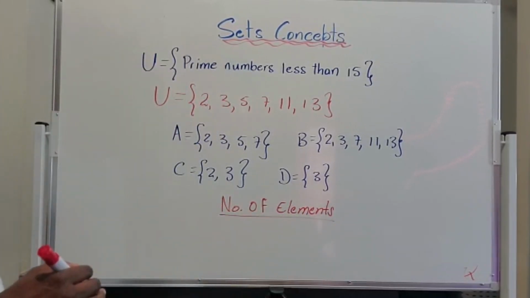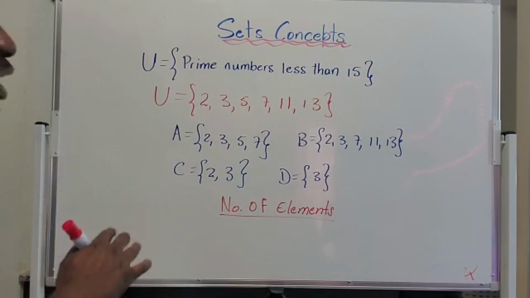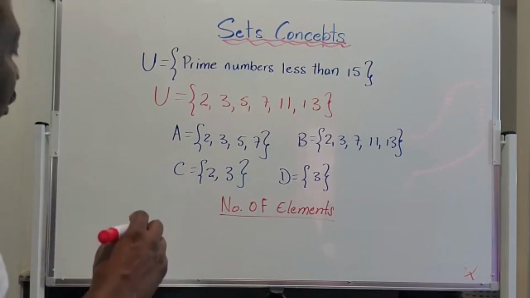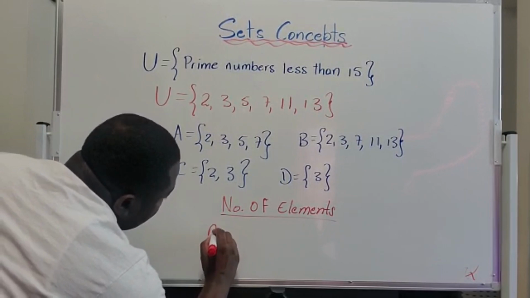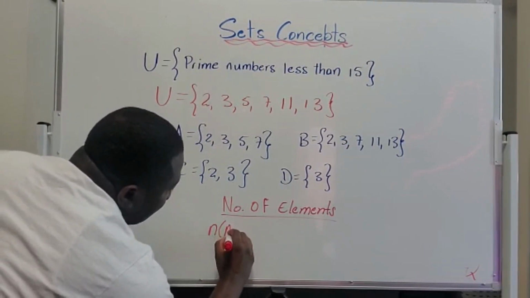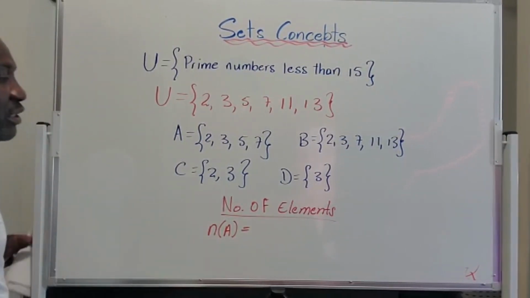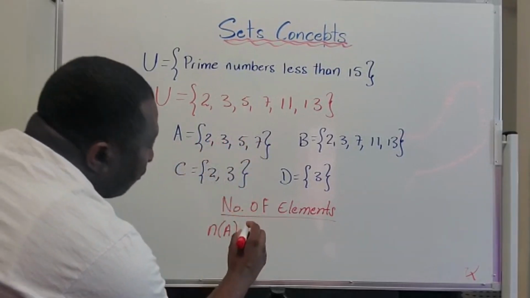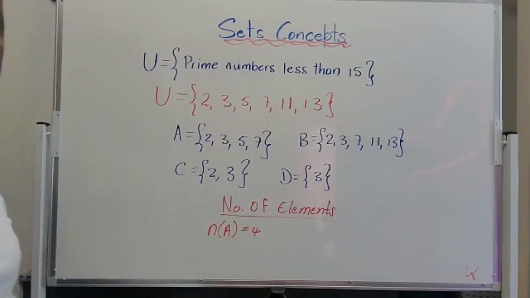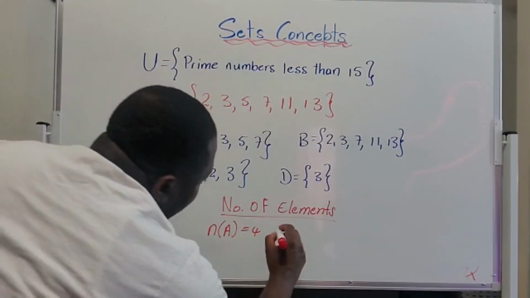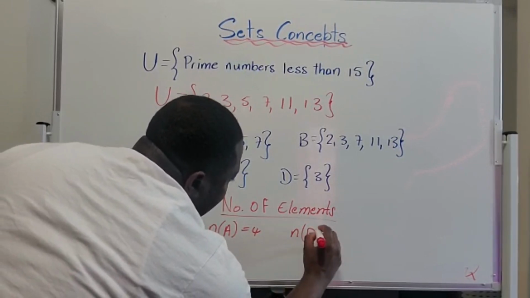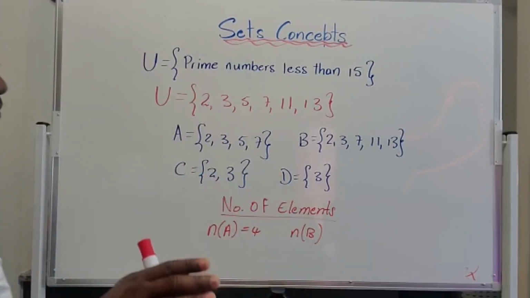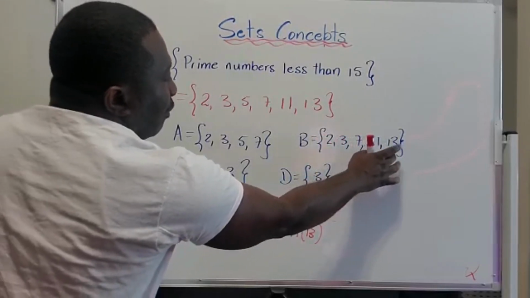When we speak of the number of elements, we are simply counting each element within the given set. So if I ask the number of elements n in set A, what would be my response? The number of elements in set A is simply 1, 2, 3, 4. There are 4 elements in set A. Number of elements in set B, again guys, we are counting each element: 1, 2, 3, 4, 5.